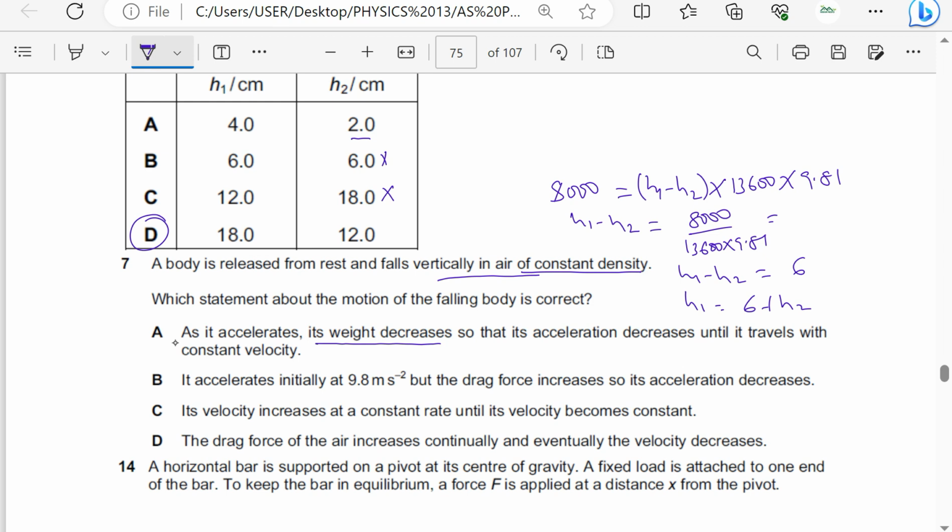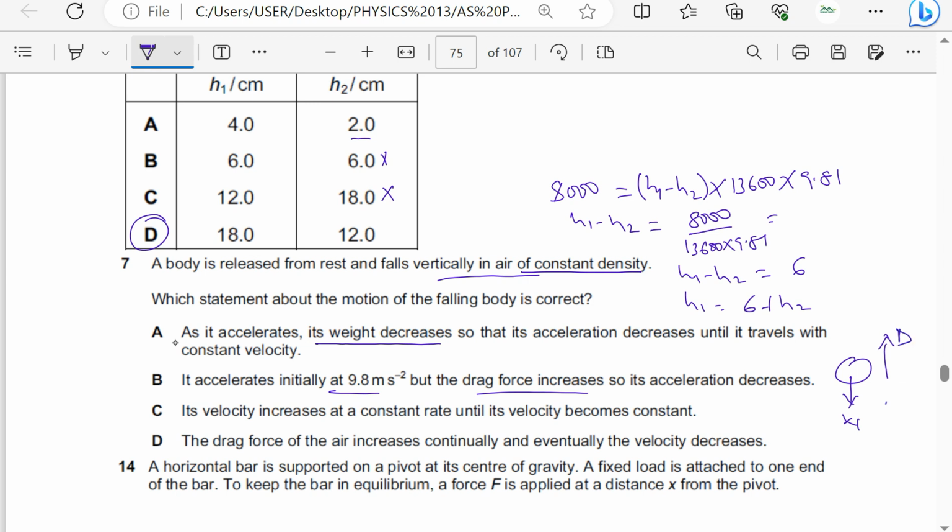It accelerates initially at 9.8 meters per second squared. That is true. Initial acceleration is 9.8, but the drag force increases, so its acceleration decreases. Of course, as it accelerates, speed is increasing, and drag force increases with the speed. If a falling object's weight is constant, drag force is in the opposite direction.